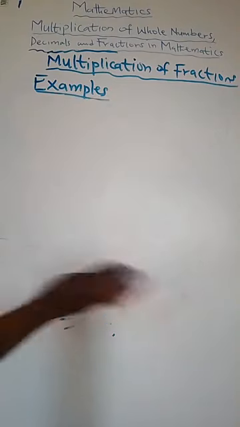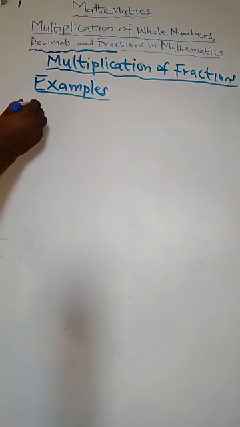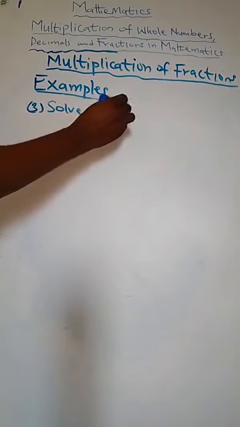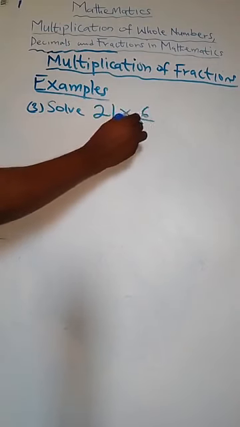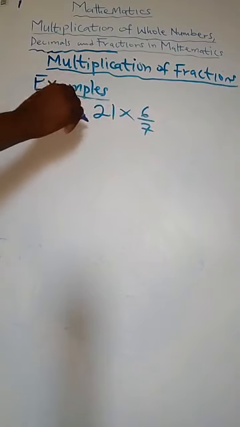Let's look at the last example under multiplication of fractions to broaden our understanding of the multiplication concept in fractions. Let's say you have a question that says, solve 21 times 6 over 7. Alright, 21 is our whole number. So the right thing for us to do is to convert 21 to a fraction.